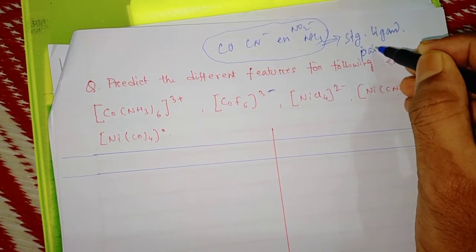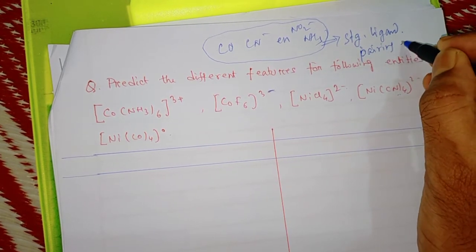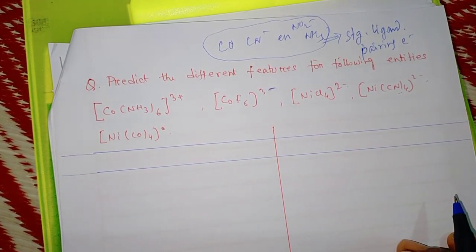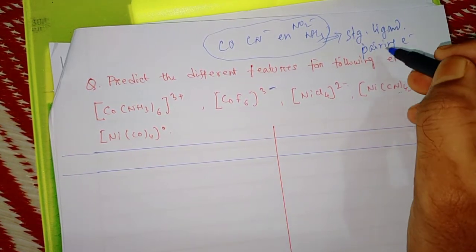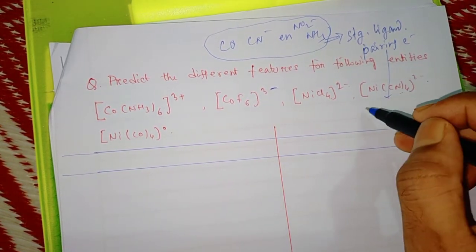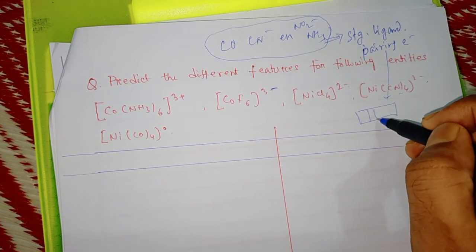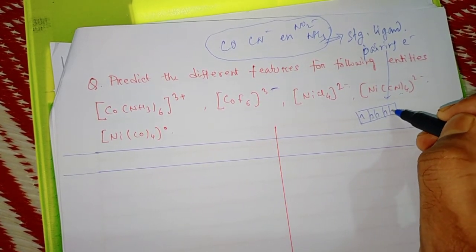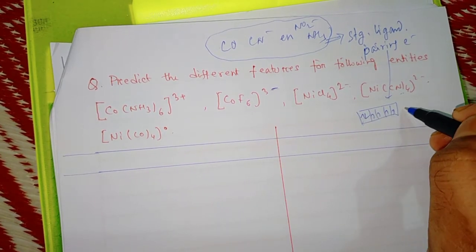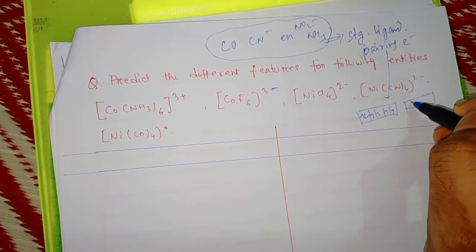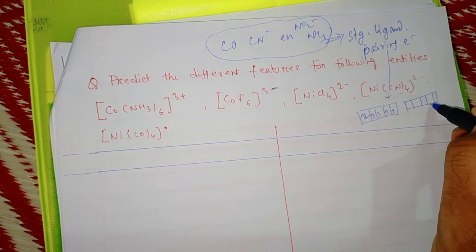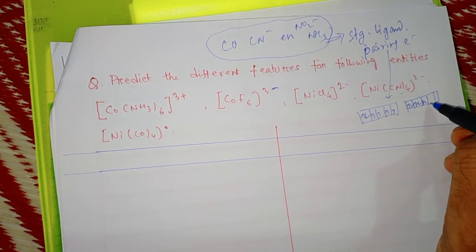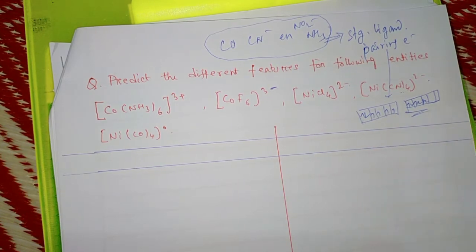If these ligands are there, then pairing of electrons takes place. If in an orbital the electrons are 1, 2, 3, 4, 5, 6, pairing means after pairing they all get paired. So there is 2, there is 2, there is 2. 6 electrons are distributed like that.